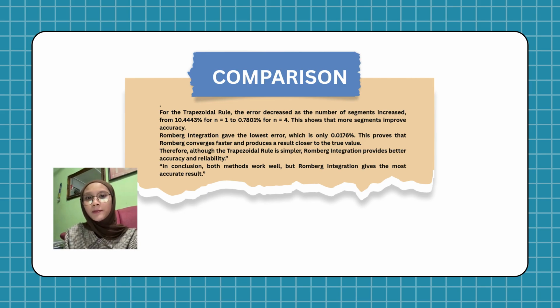Finally, we compare both methods using the percentage true error. For the trapezoidal rule, the error decreases as the number of segments increases. This shows that more segments improve accuracy. Romberg integration gave the lowest error, which is 0.0176.